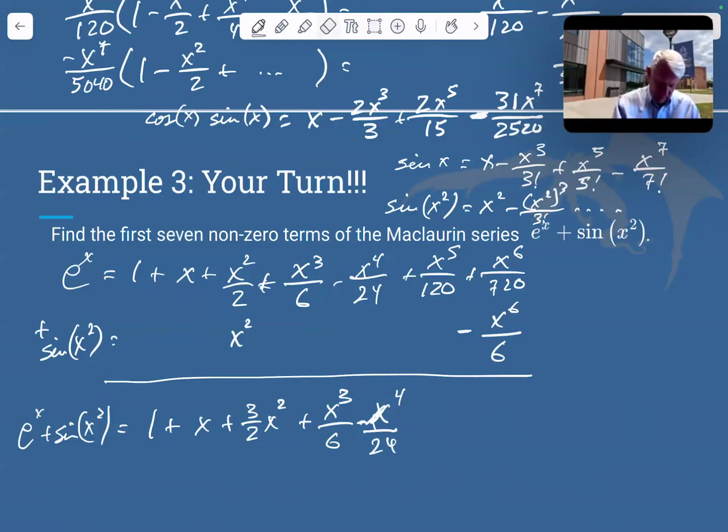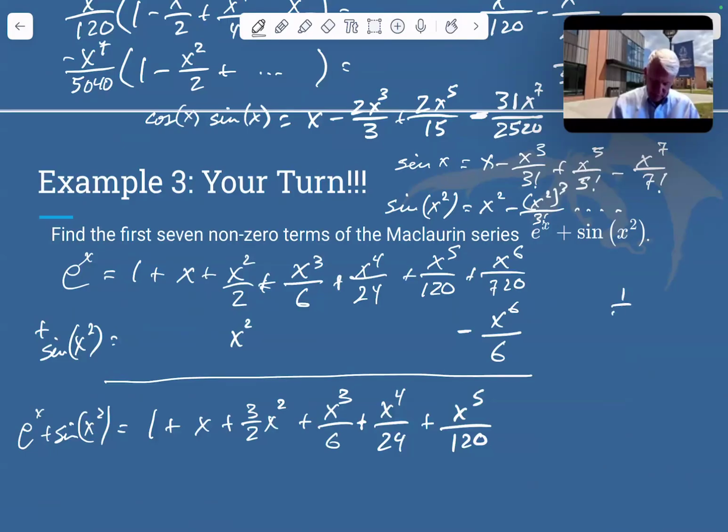I mean, that looks ugly. So let me fix that. It's x to the fourth over 24 plus x to the fifth over 120. Oh, it should be a plus. Sorry, plus. And now this last one is I've got 1 over 720.